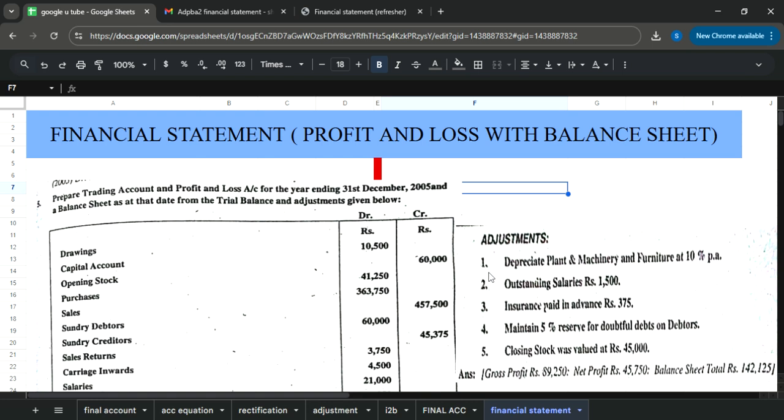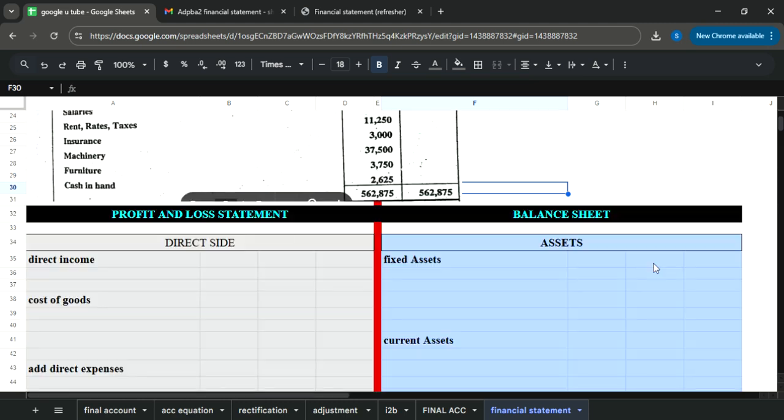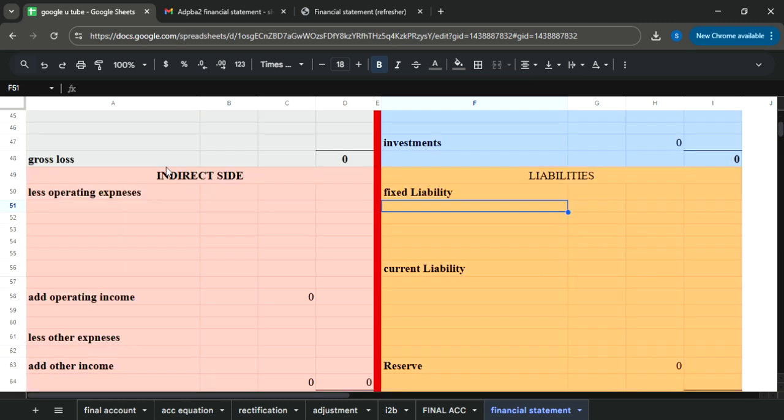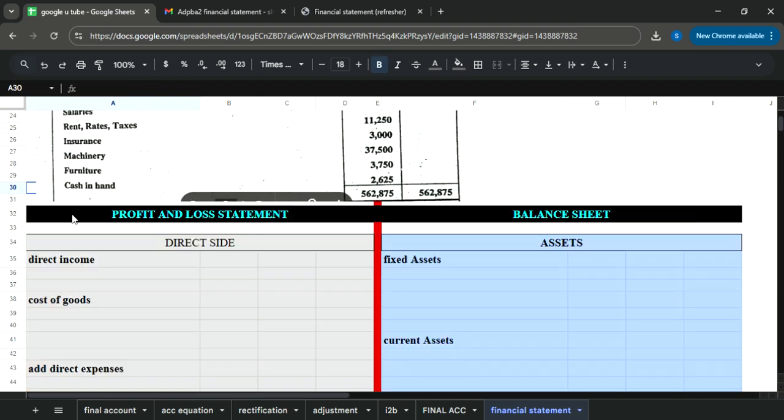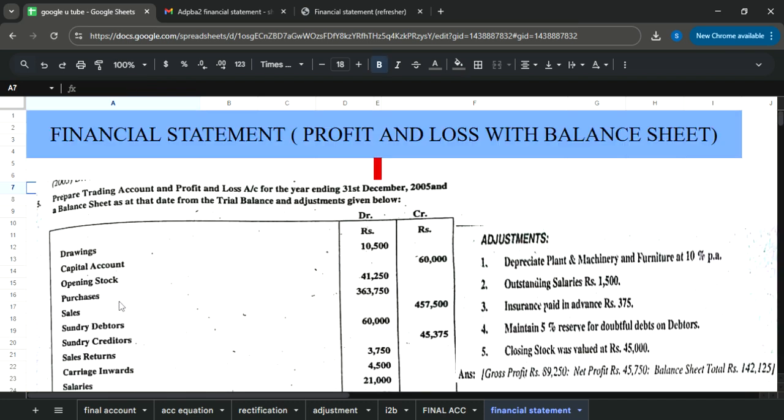Let's begin. First adjustment, depreciate plant and furniture. There are two depreciations, so you will go to operating expenses, and here you will start the calculation of depreciation, and you will depreciate plant first. For that purpose you will have to see how much the value of plant is.